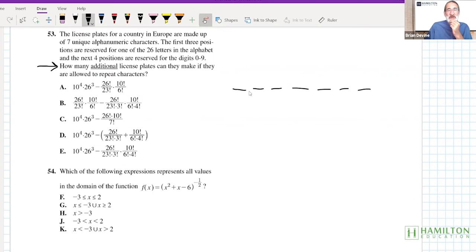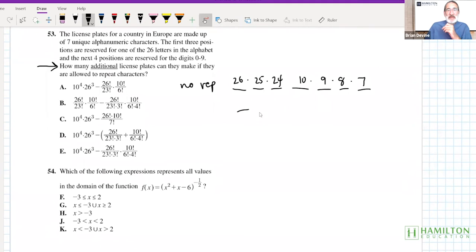Well, if they don't repeat, I'm going to have 26 times 25 times 24 possible for letters, which would be a permutation idea. And then I have 10 times 9 times 8 times 7 possibilities for numbers. So this is no repeat.